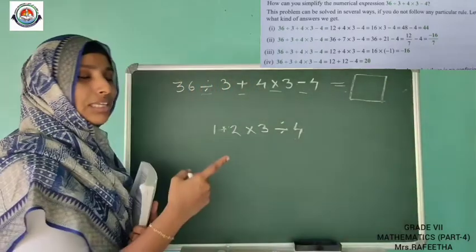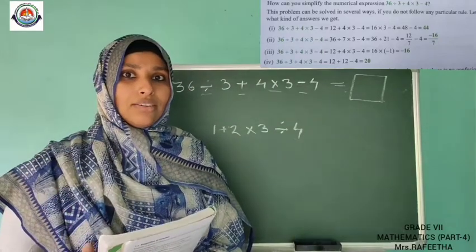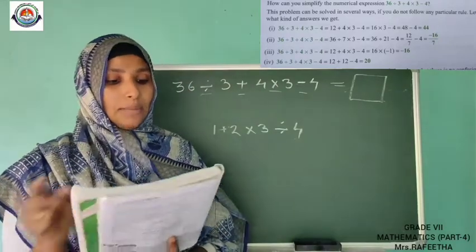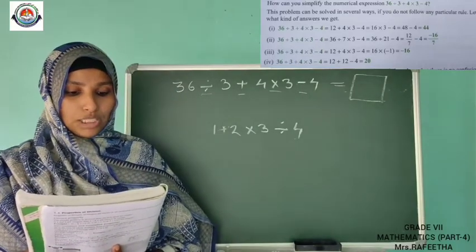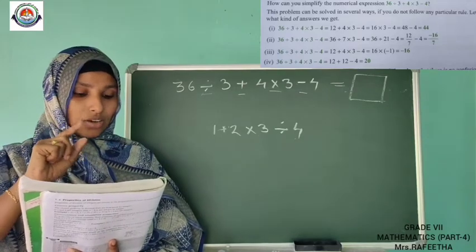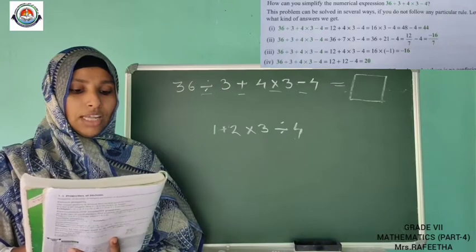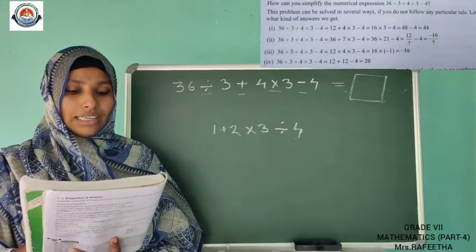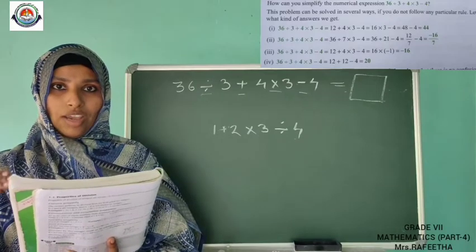In your textbook itself, a lot of methods are described. In the first step, they have given 36 divided by 3, that is 12. To that, the remaining we have done.